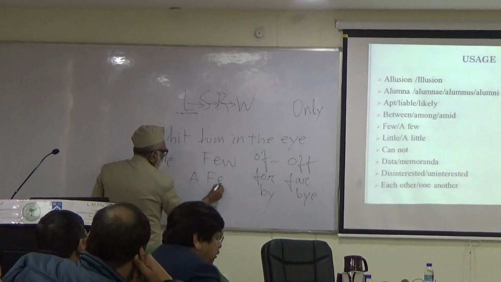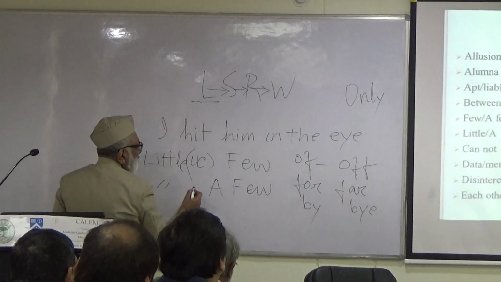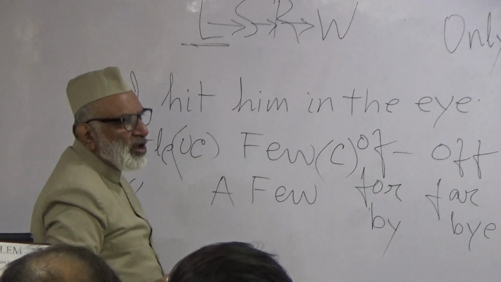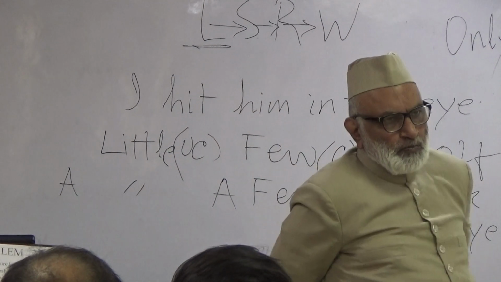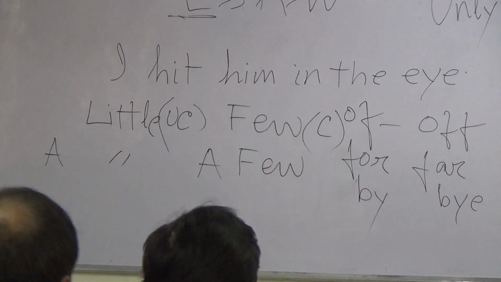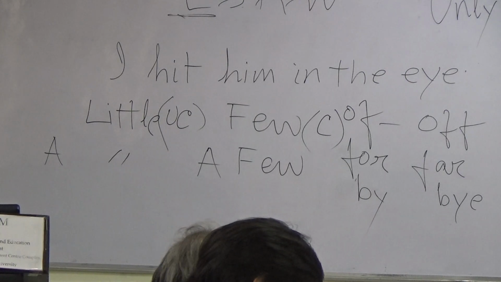The first point is, little is used for uncountable, and few and a few are used for countable. This is the basic distinction. Okay? Just think about it if you are confused whether it is countable or uncountable.